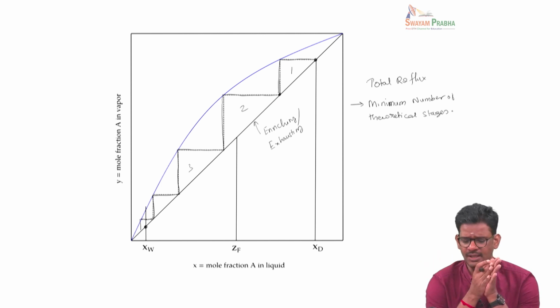Now, this particular process of calculating the minimum number of trays or minimum number of stages can be done graphically, but if the relative volatility is constant, we can also get an analytical expression for the minimum number of theoretical stages.